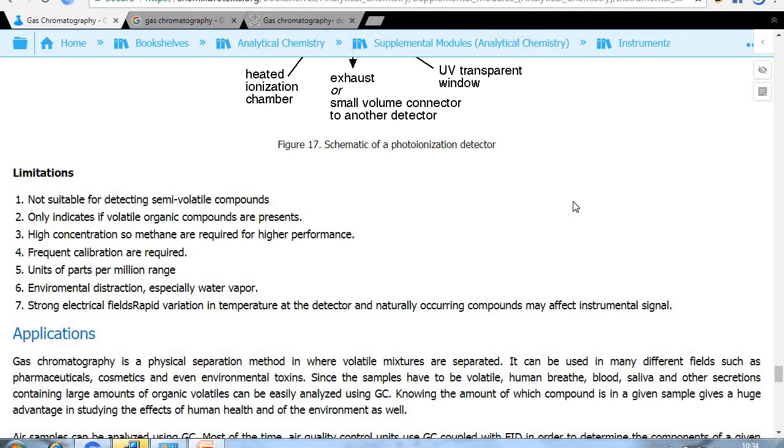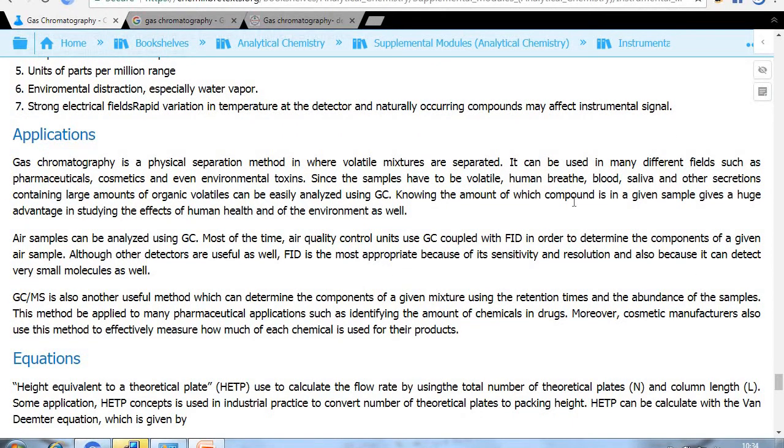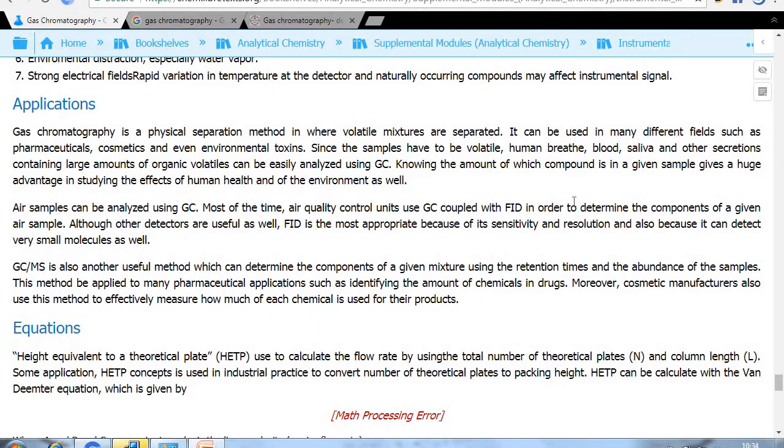Frequent calibration is required, and if any other trace molecule like water vapor is present, then you won't get proper peaks. Okay, and then the application: gas chromatography is used for the determination of volatile compounds present in any sample. It could be food, pharma, environmental sample, or biological sample, whatever it is, you will be able to detect it.